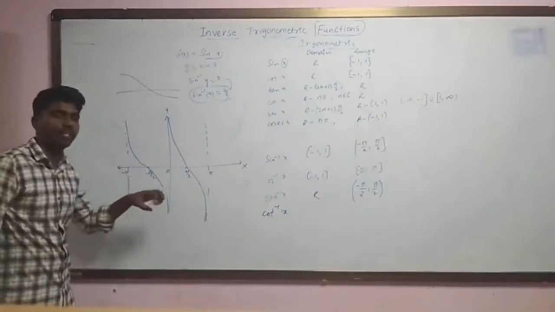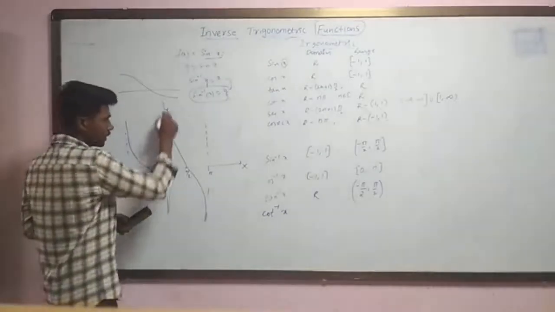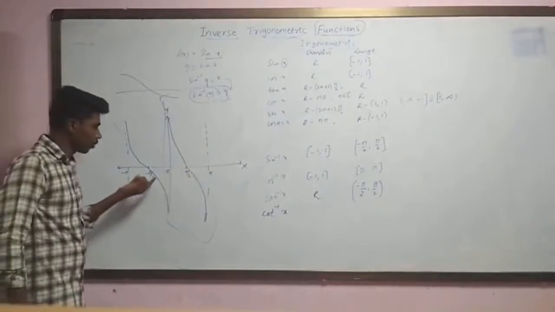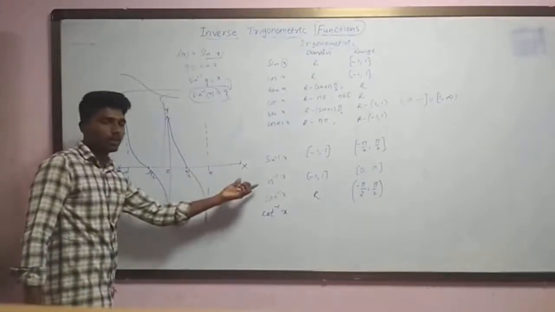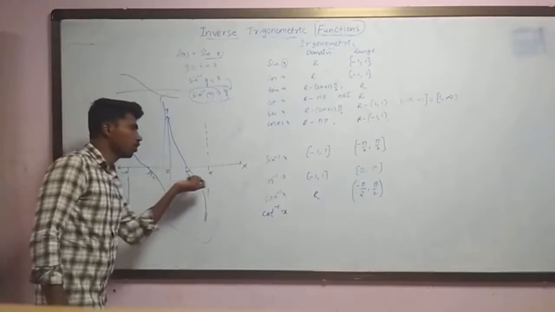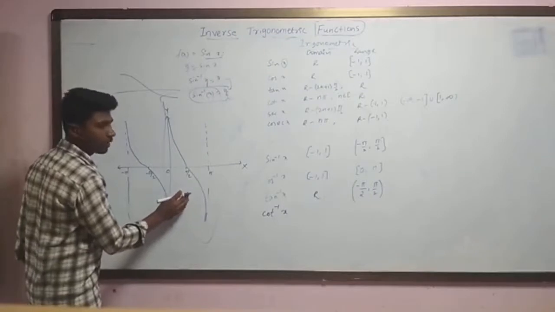Now we have to define its inverse. The inverse is defined only if it is bijective. It is bijective only between two consecutive branches, meaning this particular branch or the next branch. The first one we call the principal branch, which is from 0 to pi. Therefore, what are its domain and range?